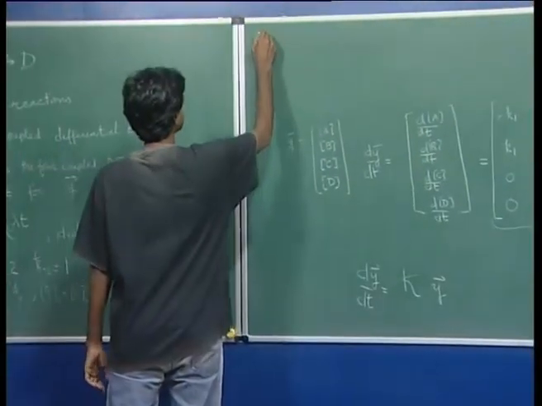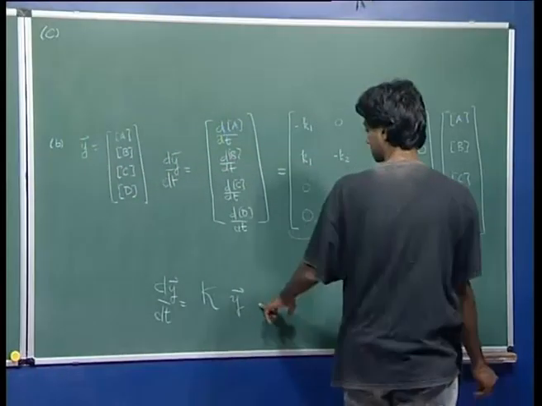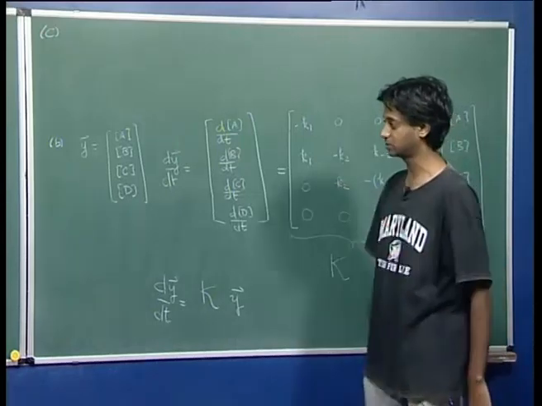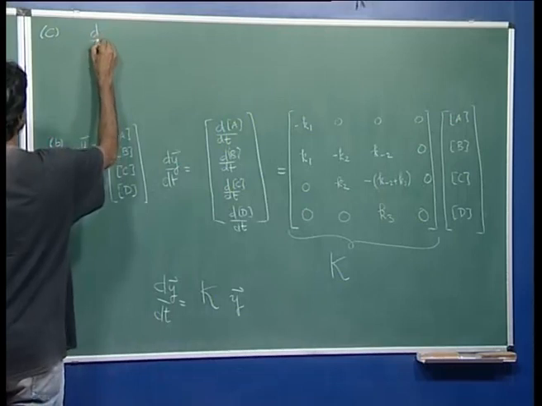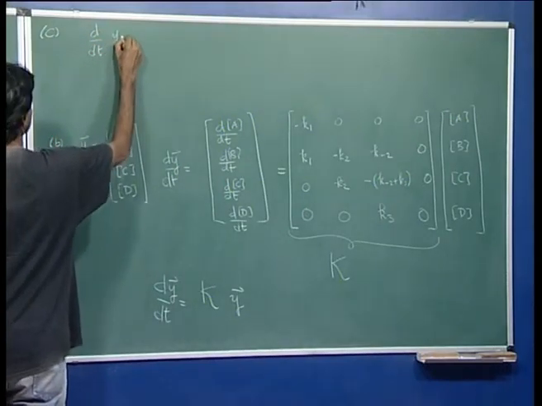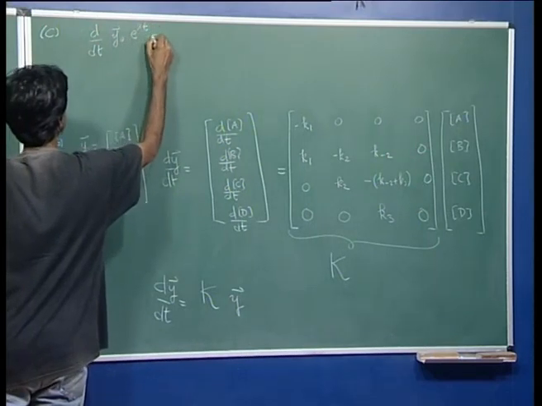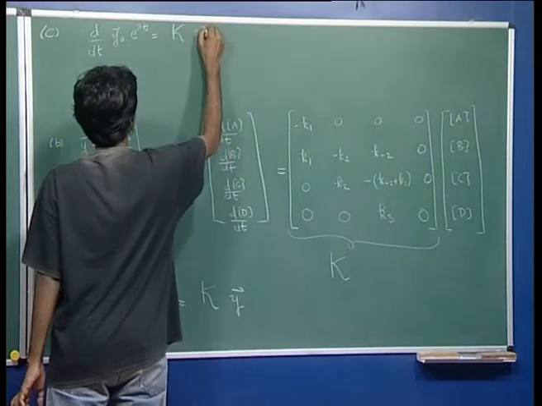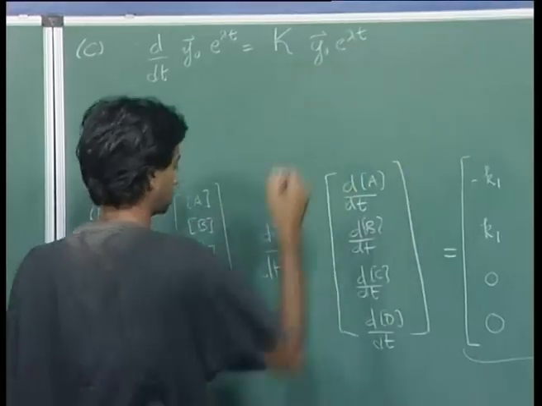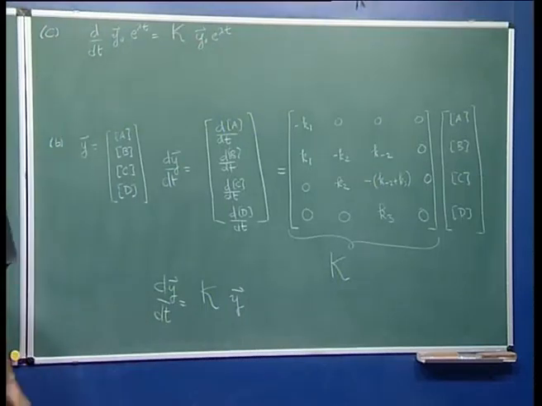In this equation we substitute y equal to y0 e raised to lambda t. Then I get d by dt of y0 e raised to lambda t is equal to K y0 e raised to lambda t. All I did was wherever I had y, I replaced it by y0 e raised to lambda t.